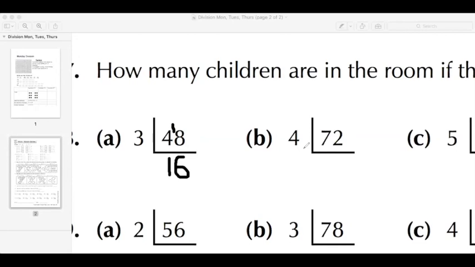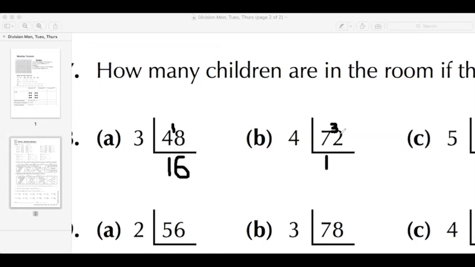Now for the next question, part B, you're going to do the exact same. So you're going to break it down. You're going to see how many times 4 goes into 7. So 4 doesn't quite go in twice because then this number would have to be 8. So 4 goes into 7 once, but this time there are 3 left over. So now I'm going to see how many times 4 goes into 32. So I'm going to do my skip counting in 4s.